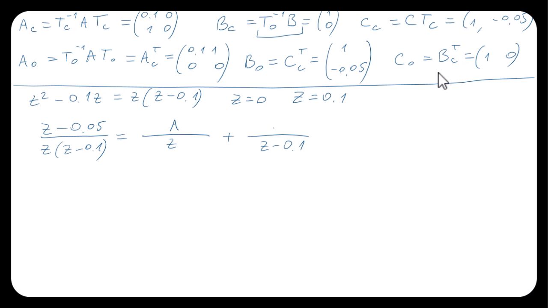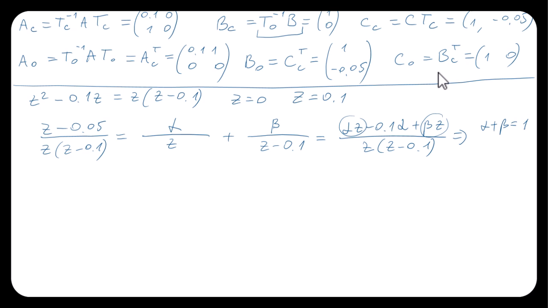Let's say you have coefficients alpha and beta, and you want to find such alpha and beta that will fit into that equation on the left. So now we do common denominator, so it will be again z times z minus 0.1, and here we will have alpha times z minus 0.1 plus beta z. So from here we have that alpha plus beta equals the coefficient of z, which is 1. Okay, this one plus this one.